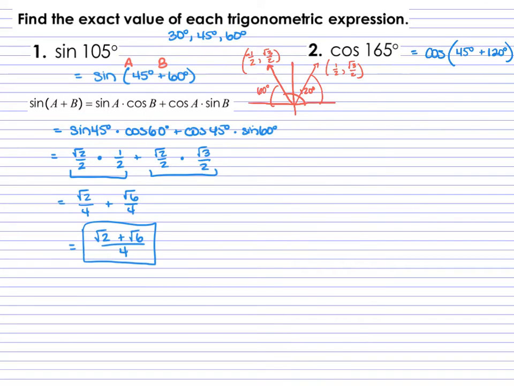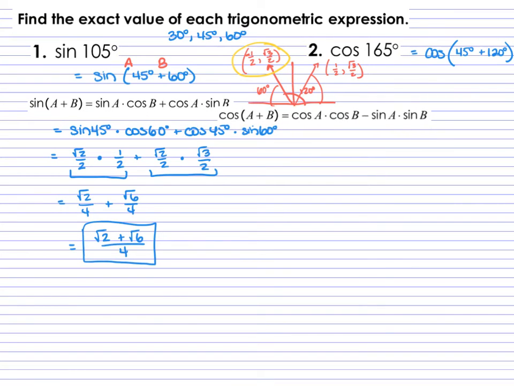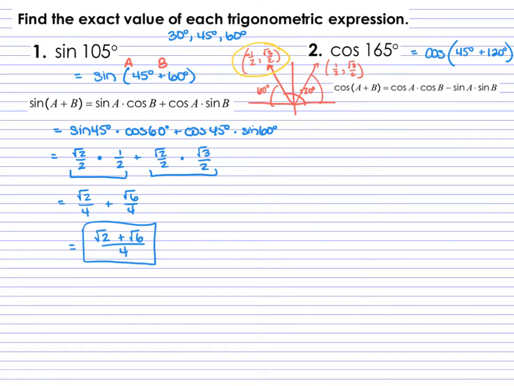So these are the steps you may want to take before you even jump into the equations. I think it's going to make it easier for you because now I have my two coordinates. I can just jump right into the problem. So here's my equation that I'm going to be using for the cosine, the sum identity, and we'll jump right into it.